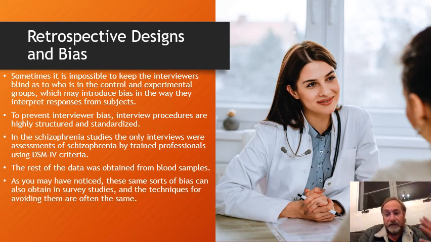In this study, it seems like they did. The only interviews involved were these assessments of schizophrenia, done by trained professionals using standardized criteria. The data for the genetic mutations was obtained from blood samples, so it doesn't seem like too much chance of interviewer bias in this case.